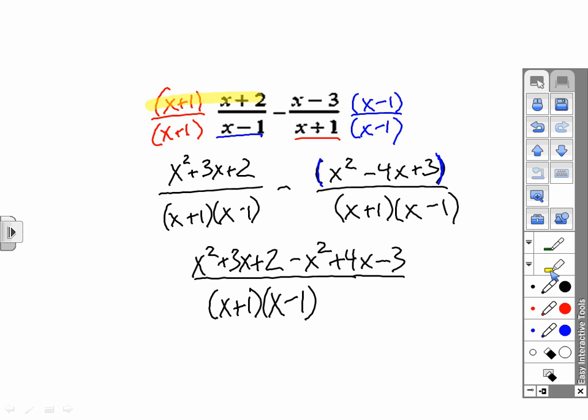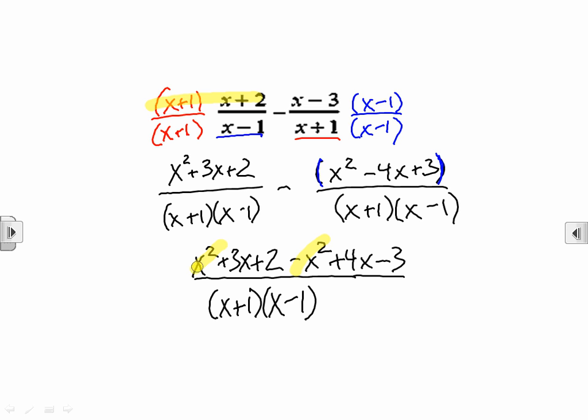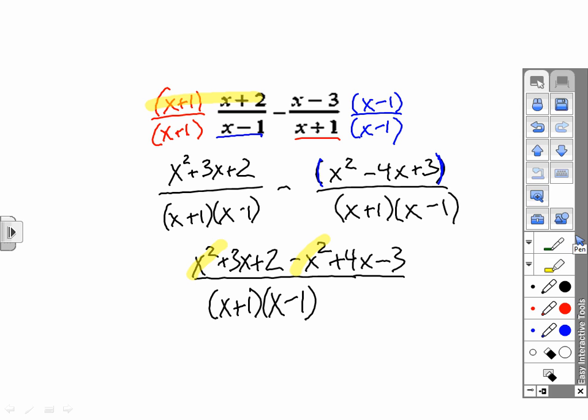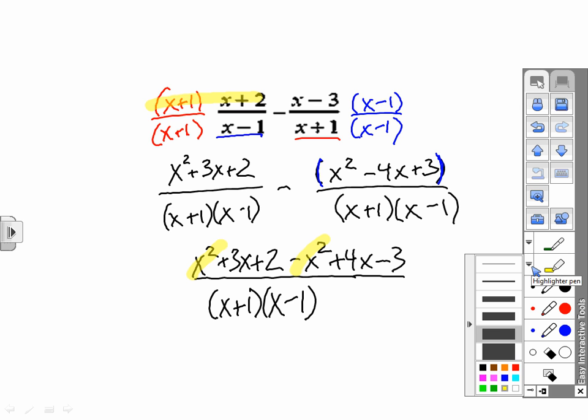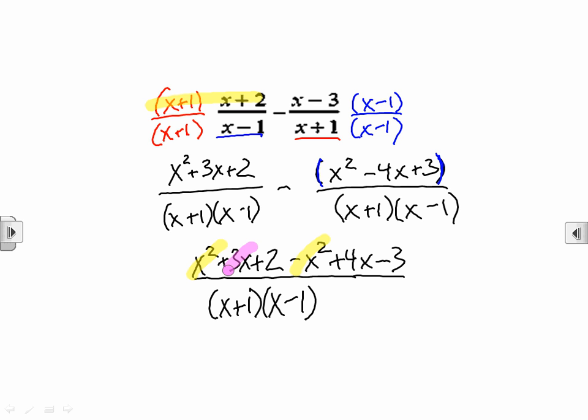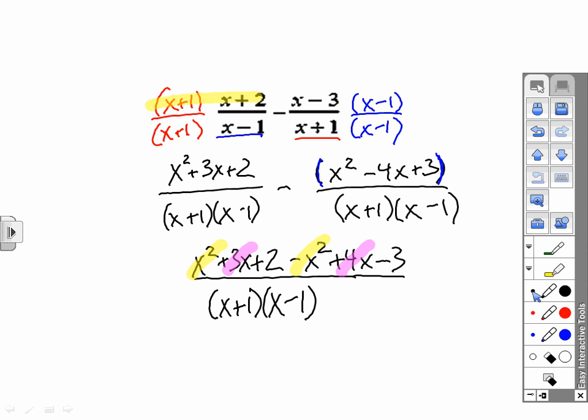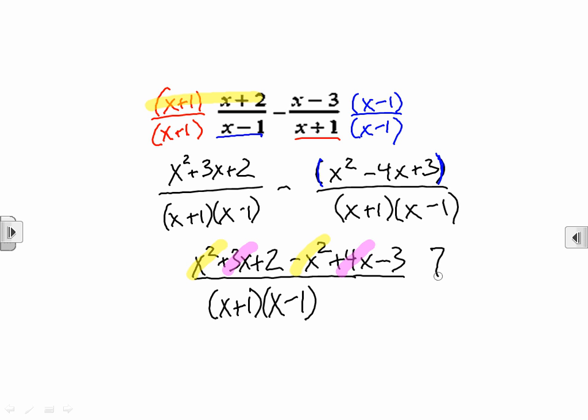So my x squareds, those are going to reduce to 0, so those cancel. I have a 3x and a 4x, so that will become a positive 7x. 2 minus 3 would give me a negative 1, and that's all over x plus 1 times x minus 1.